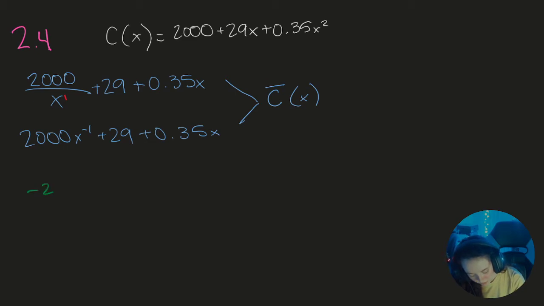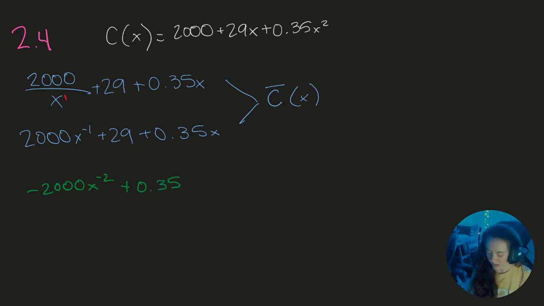So negative 2,000 x. Negative 1 minus 1 is negative 2. That plus 29 is going to drop away. And this x at the end is going to drop away. So we'd have negative 2,000x to the negative second plus 0.35, and our x would drop away.